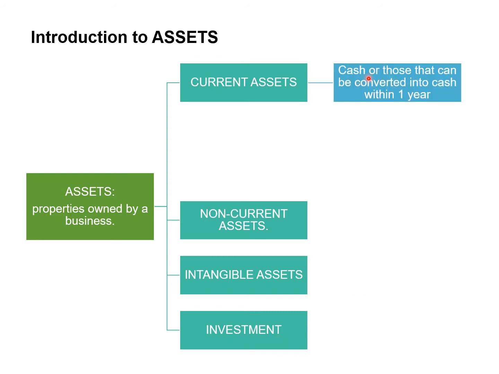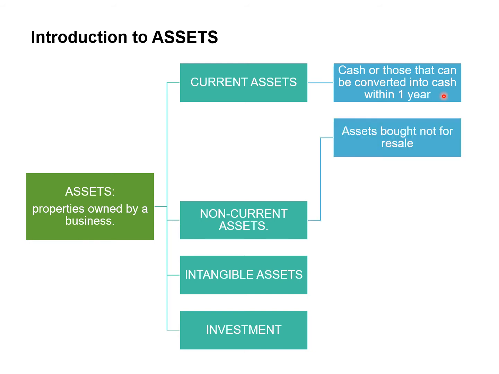Current asset adalah cash ataupun those asset that can be converted into cash within 1 year. Apa-apa saja asset ataupun cash yang boleh dijadikan cash dalam masa 1 tahun. Contohnya macam inventory, barang-barang dagangan yang you beli, you boleh convert into cash within 1 year. Ataupun short-term deposits.